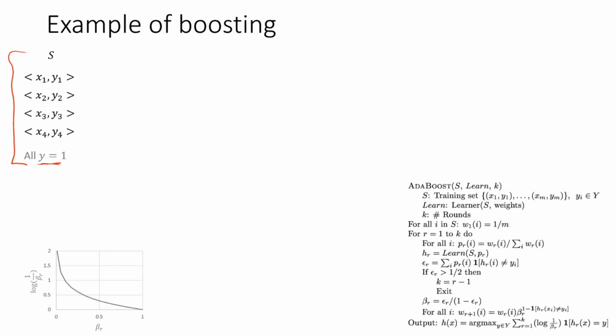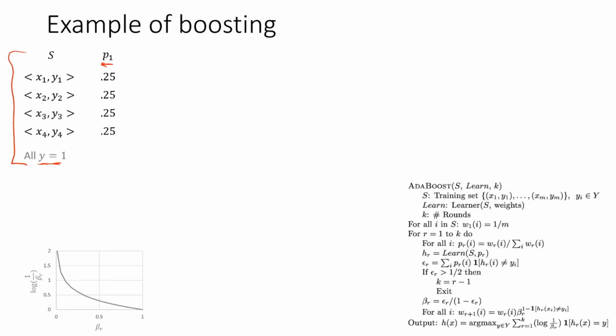The first thing you would do is create the initial uniform weighting, and that is the combination of this line, which gets you uniform weighting, and this line, which renormalizes so that everything sums up to 1. That's where you get the pr, and r is equal to 1 because we're in the first round. So p1, the sample weights for the first round, is uniform.